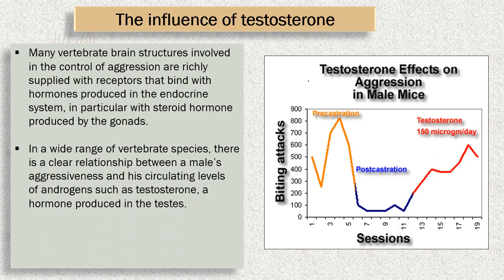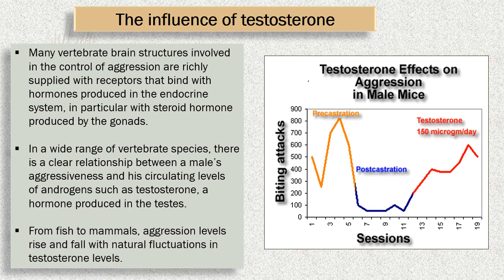In a wide range of vertebrate species, there is a clear relationship between a male's aggressiveness and his circulating levels of androgens such as testosterone, a hormone produced in the testes. From fish to mammals, aggression levels rise and fall with natural fluctuations in testosterone level.